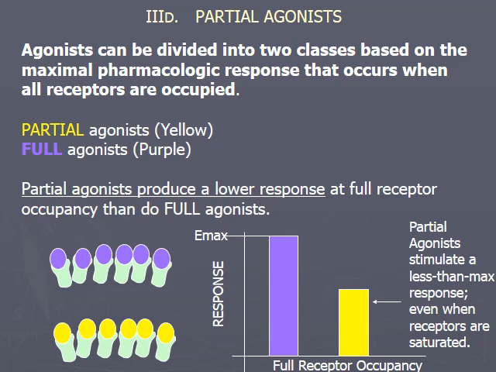So here's kind of a conundrum with partial agonists. If you were to look down at the tissue level at the receptors, all the receptors are bound. Yet the response is less than max. Right? If you were to look at binding by the yellow down at the molecular level and compare it to binding by purple down at the molecular level, it doesn't look like there's any differences in terms of how they bind.